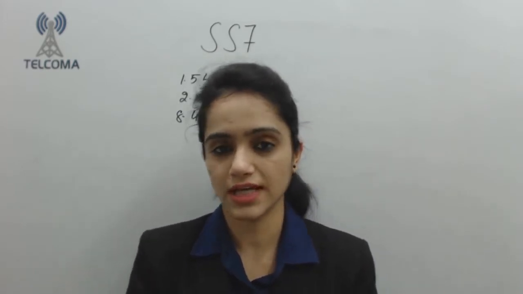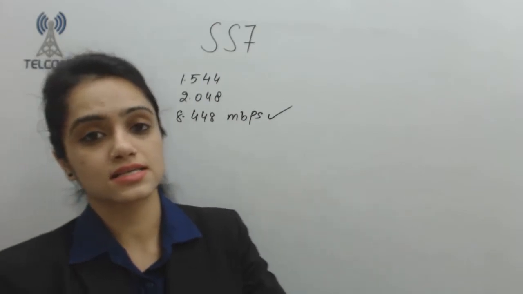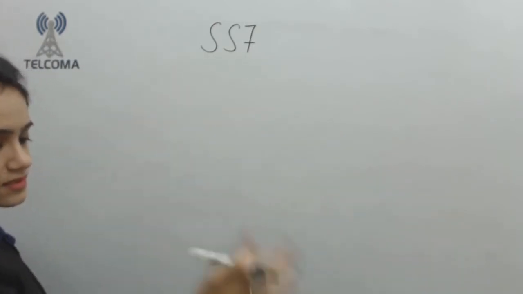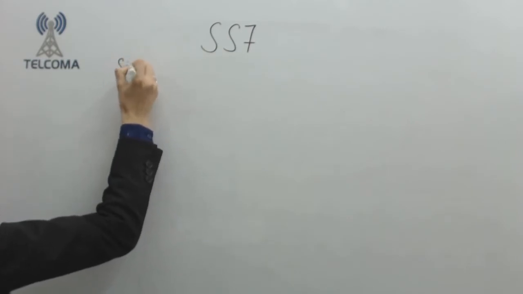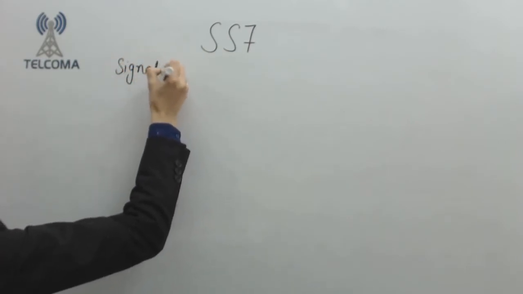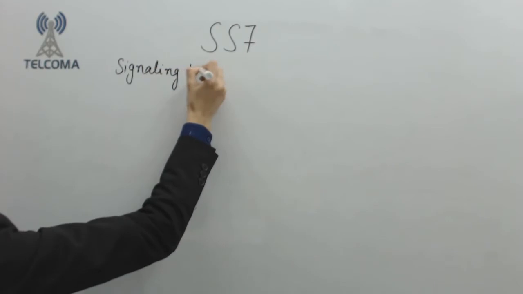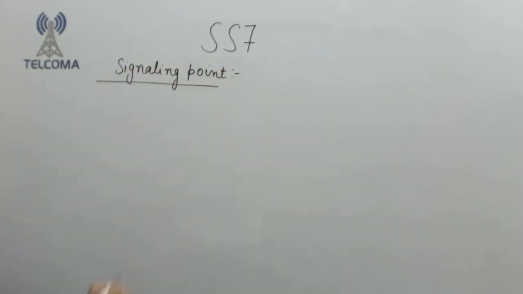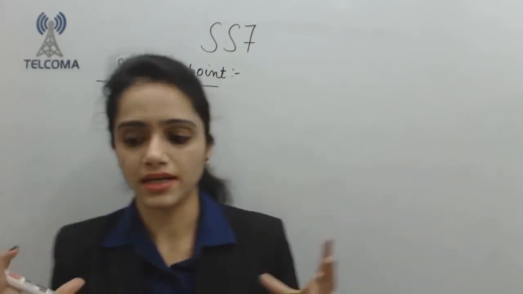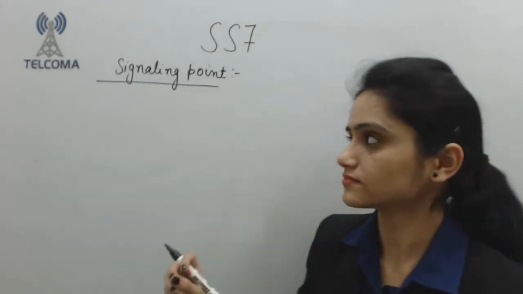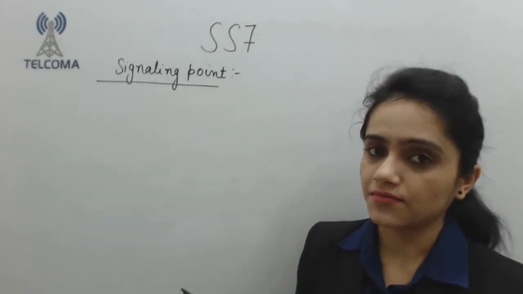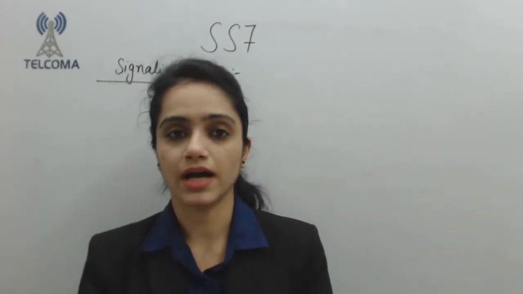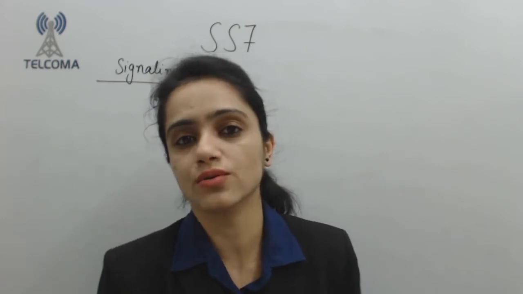Now let's move to the next point: what is a signaling point? Let's understand the basic unit, which is a signaling point in a network architecture. Each and every signaling point in an SS7 network is identified by its numeric point code.